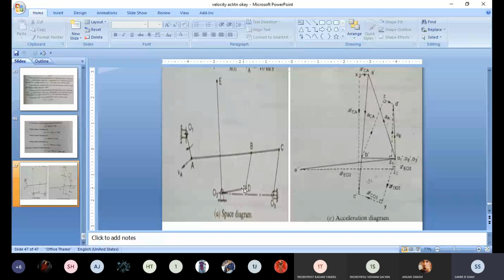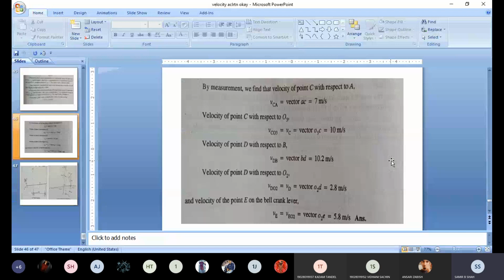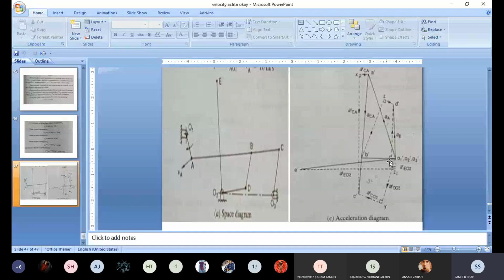So what we have to do, from O2 dash, draw once again a parallel line, O2Z1. You remember this thing, O2Z1. It may be hidden here, but there is a dotted line, the radial part O2Z1, which is the radial part of O2D. We consider here it may be 39.2 meter per second square, so approximately 3.9 mm.